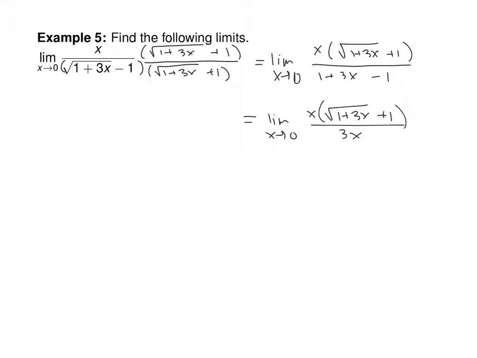Okay. So there's still division by 0, but you can fix it because, yay, limit as x goes to 0 of root 1 plus 3x plus 1 over 3. Woohoo! Now you can plug in 0. And you get 2/3. Spectacular.